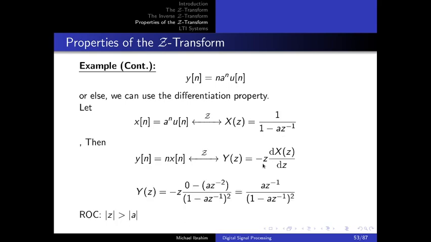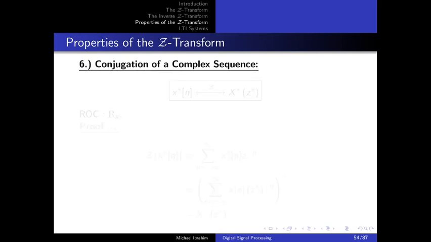So if we do the differentiation here and multiply by minus z, we will get the same expression we got from the previous method, which is a direct application of the transform definition. And the ROC would be modulus z larger than modulus a. So this example helps us to understand and verify the differentiation property.